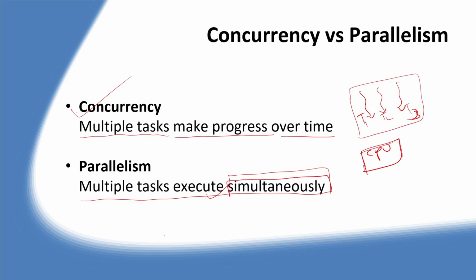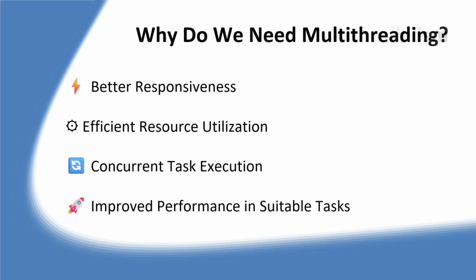Okay, now why do we need multi-threading? The first thing is it can improve application responsiveness. Responsiveness means what? Responsiveness means if one task takes a long time, other threads can continue doing useful work instead of making the entire application wait.